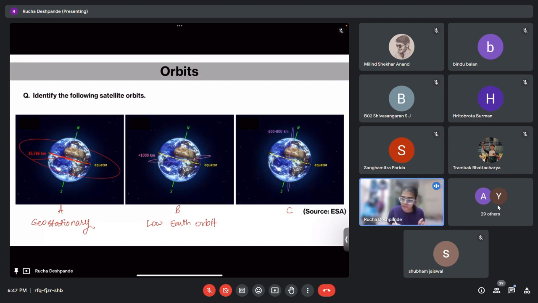In low Earth orbit, it revolves at a small angle to that of the equator. Because it makes a small angle, it's called low Earth orbit. And the last one is polar orbit, polar orbiting satellite.